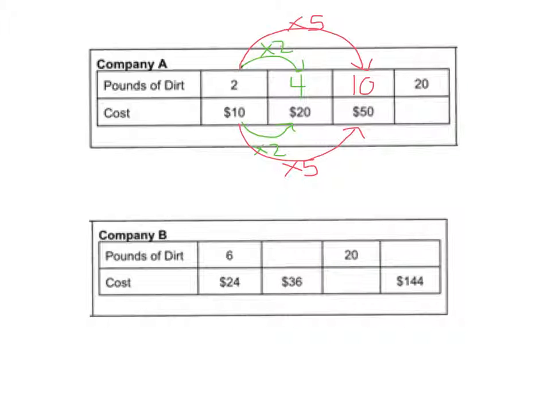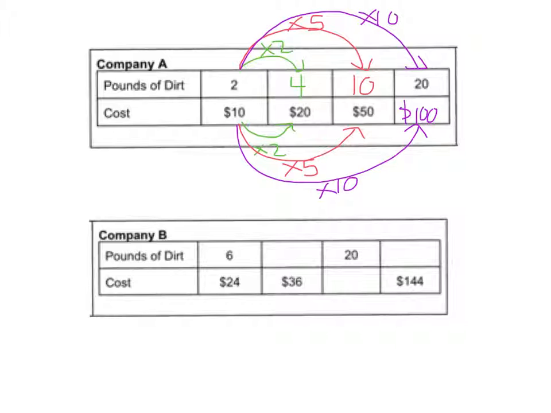How do I get from 2 all the way to 20 pounds? Now if I didn't know what to do, I could divide 20 by 2 and I would see that 2 times 10 will get me 20. So I also want to do that same amount for my cost. 10 times 10 will give me $100.